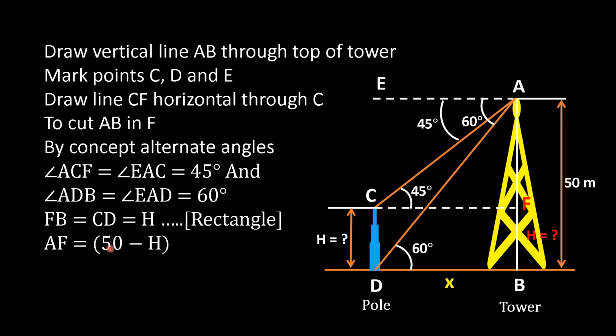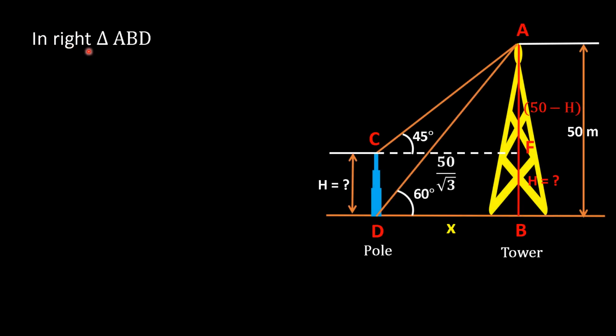AF equals 50 minus H because AB is 50 and FB is H. Let BD equal X. In right triangle ABD, tan 60 is AB divided by DB.